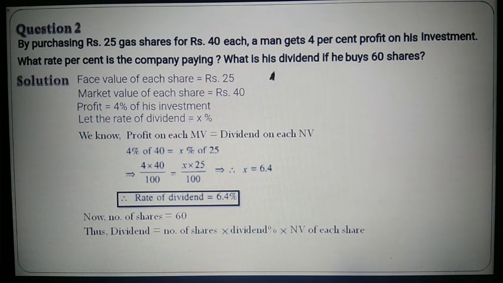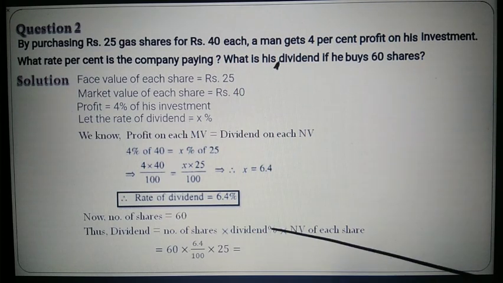Number of shares is 60, dividend percent is 6.4, and NV is 25. Putting in the values, the percentage can be written as 1 by 100. When you simplify this, you'll get your answer to be rupees 96. Hope the problem is clear to you. We'll pause the video to note down.